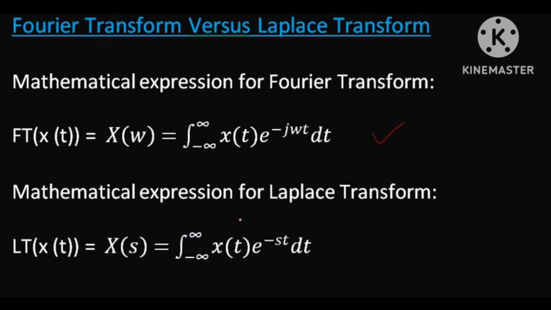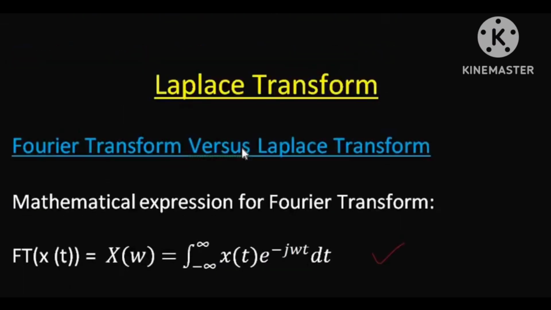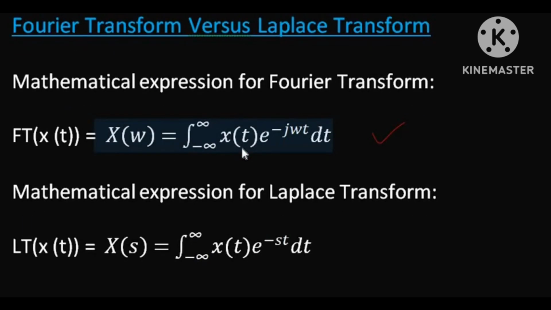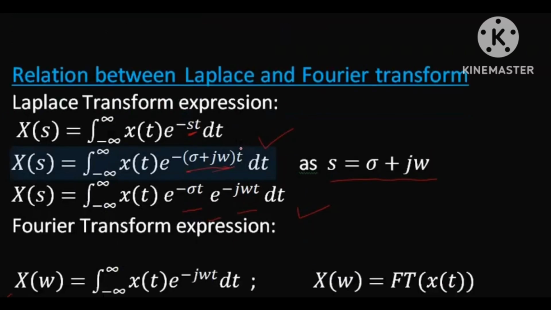How we have started with the expression: this is the expression for the Fourier transform, x(t) e raised to minus j omega t. Laplace transform is x(t) e raised to minus s t. We have started with e raised to minus s t. We have kept the value of s equal to sigma plus j omega. Then we have written it as e raised to minus sigma t, e raised to minus j omega t.